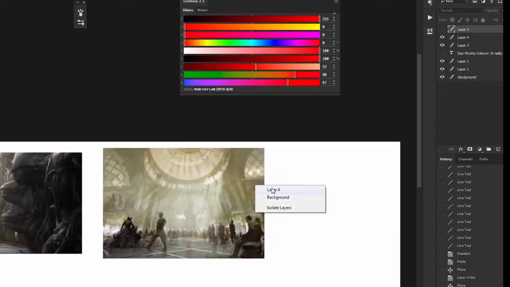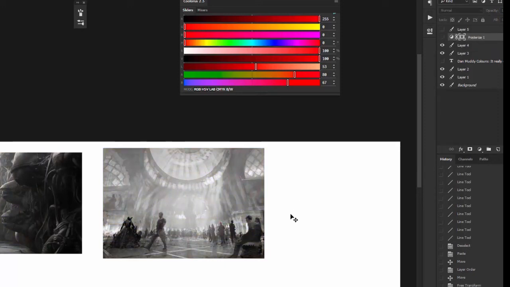So now let's have a quick look at Craig Mullins. He has this big open cathedral, this light ground, and these darker figures. If we convert it to black and white, you can see how these figures are darker and the background's brighter, and the floor is almost acting as a middle ground.